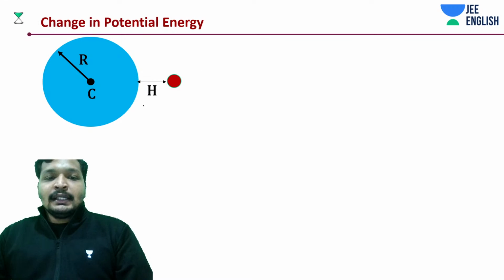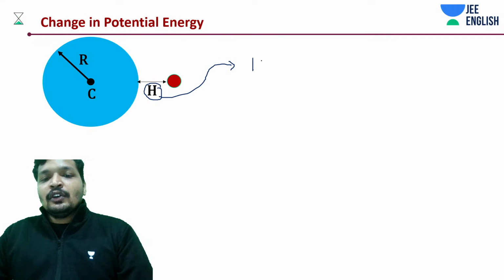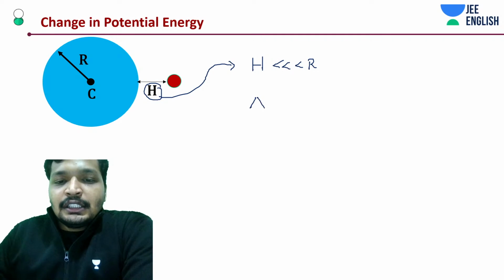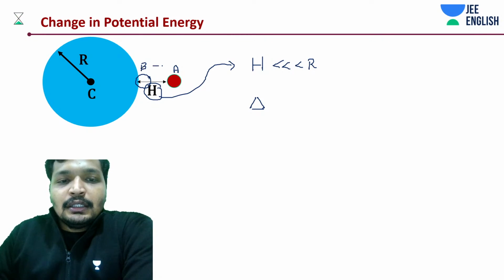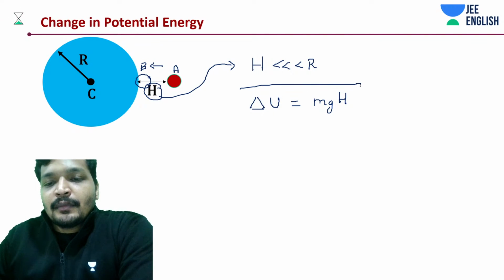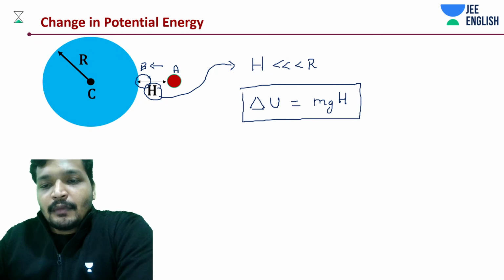So as long as your height is lesser than R, we can say the change in potential energy for this position from A to B is going to be mgh.